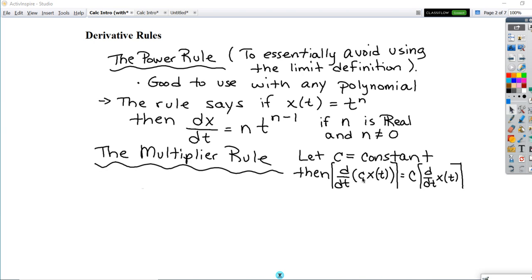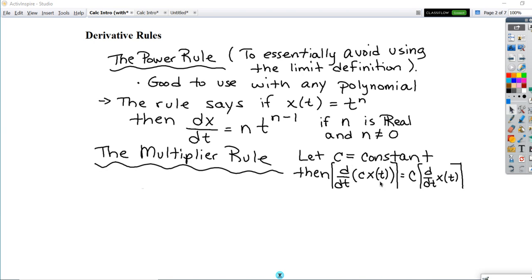So what this basically says is that if you have a constant multiplying your function, then it doesn't matter; the derivative of the product is equal to that constant times the derivative of that function.